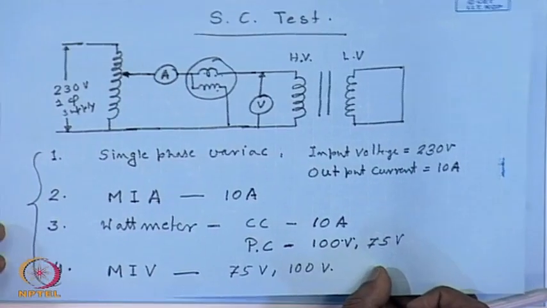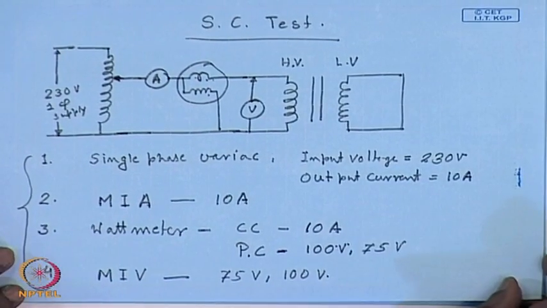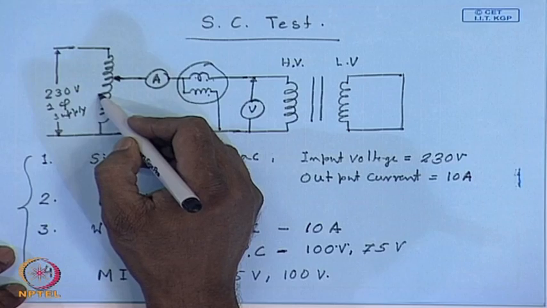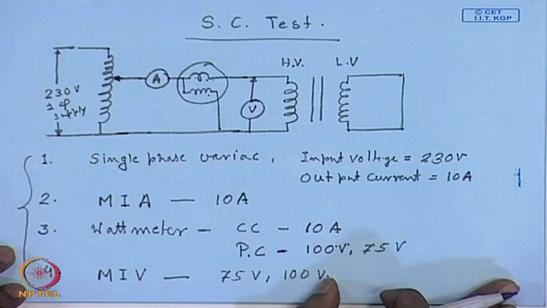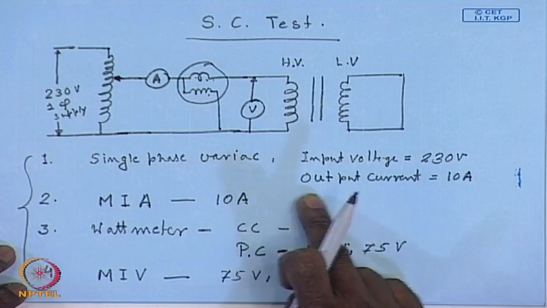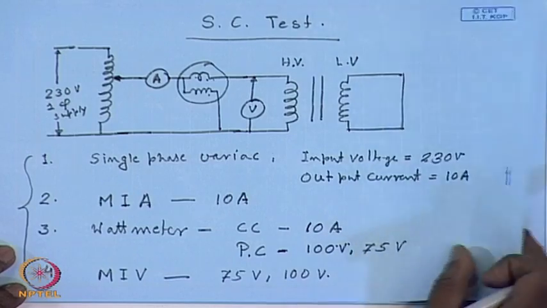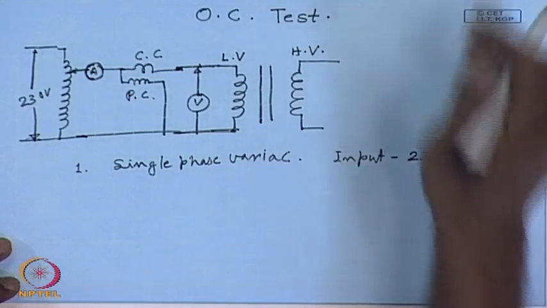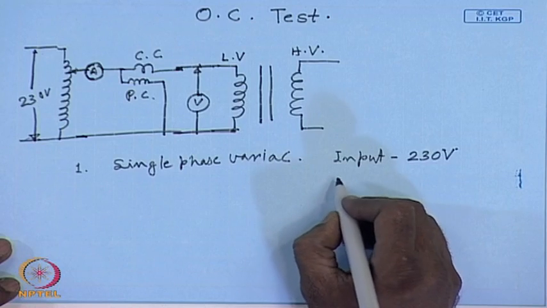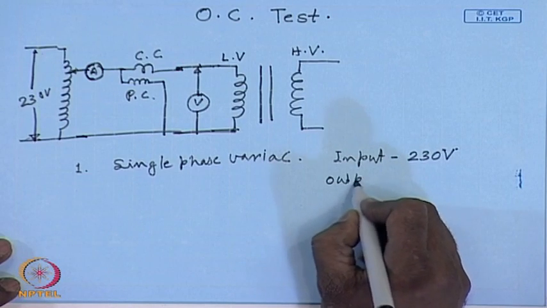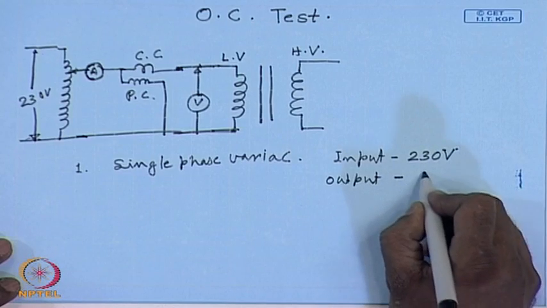However, if we do both the open circuit and the short circuit test, I can use the same variac that was used in the short circuit test. There the output current was specified as 10 ampere, which is sufficient for the no load test. So, here also we use the same variac with the input of 230 volt and output current of 10 ampere.